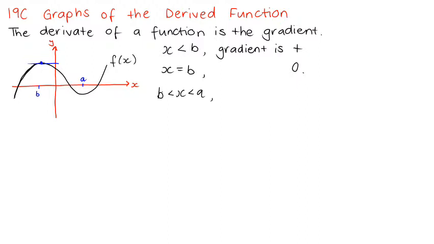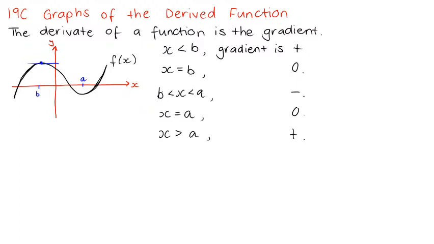When x is between b and a, what's the gradient of the line? Negative. And when x equals a? 0. And when x is greater than a? Positive. It's that bit of the line.